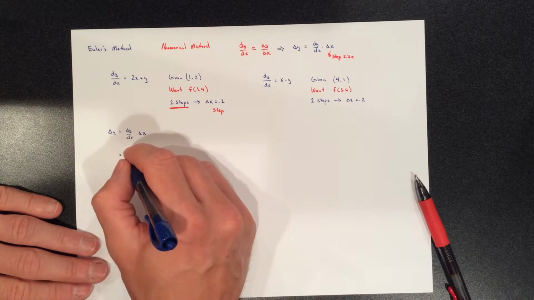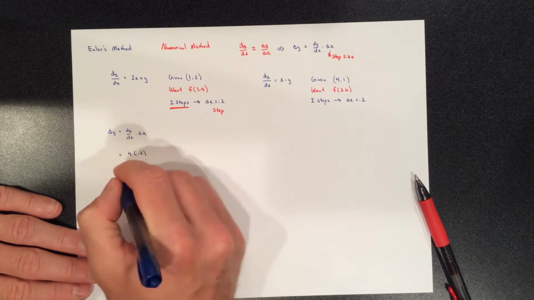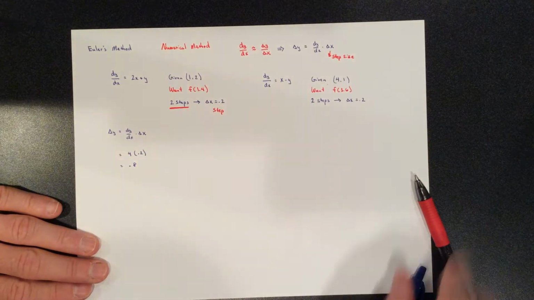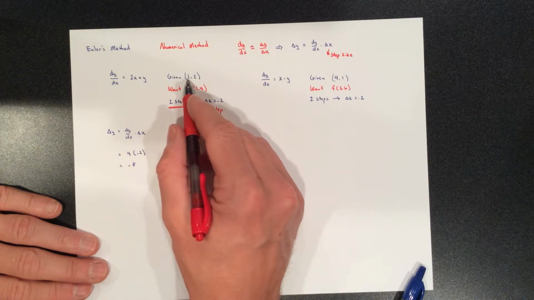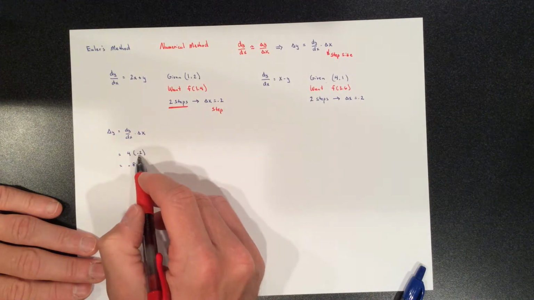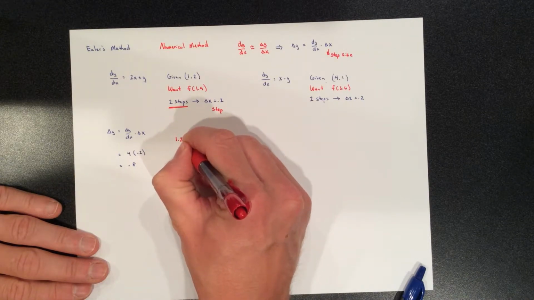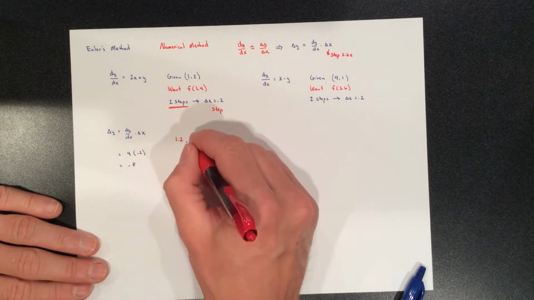So the derivative is 4. My delta x is 0.2. And so then I get 0.8 for my delta y. And I start all over. I have some new point because x was 1, but then I moved over a delta x of 0.2, so my new point is 1.2, comma, well, I get a delta y of 0.8, so my new y value is 2.8.